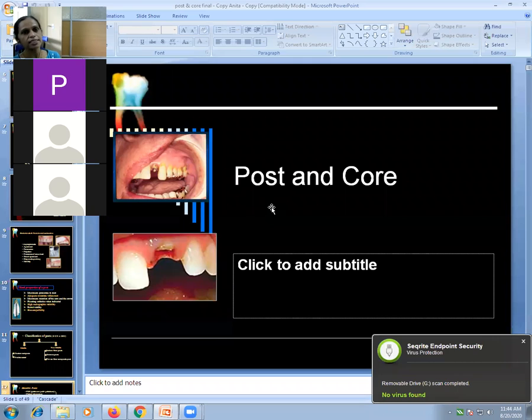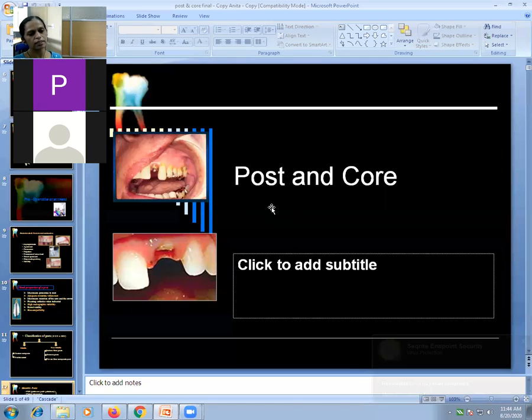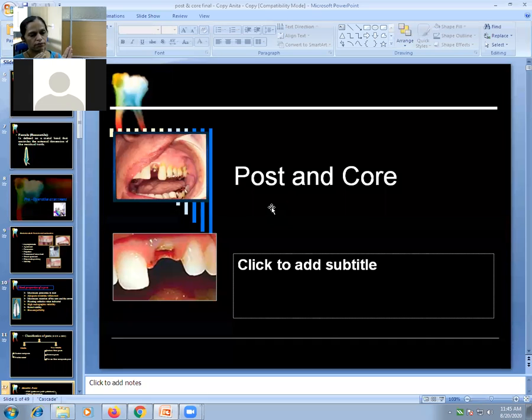Serrated will cause more stresses but will have more retention. Smooth will have less retention, but also less stress, meaning the chances of root fracture in a cemented one will be less.